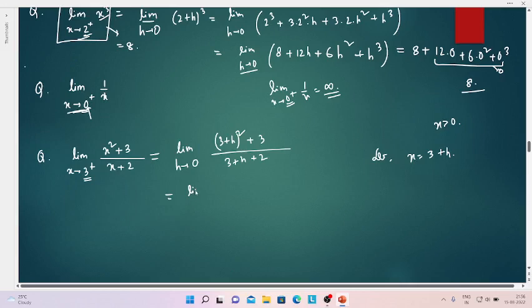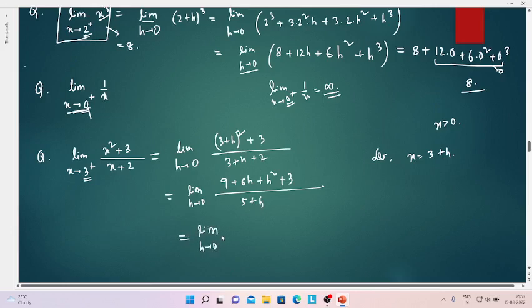So the numerator is 3 square, which is 9, plus 2 times 3 times h, which is 6h, plus h square, plus 3, and the denominator will become 5 plus h.